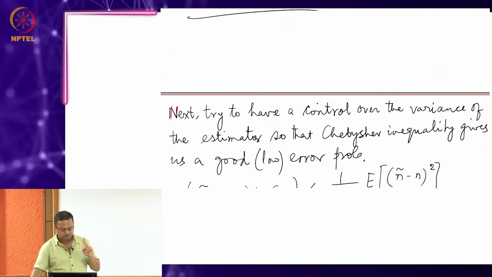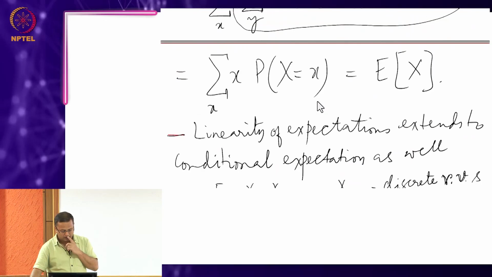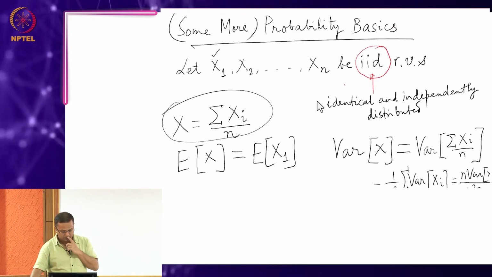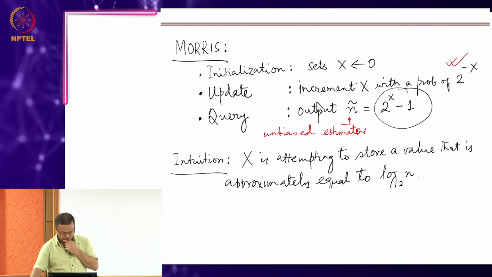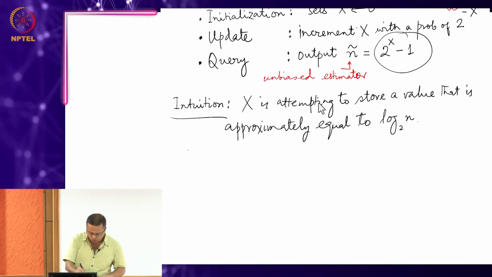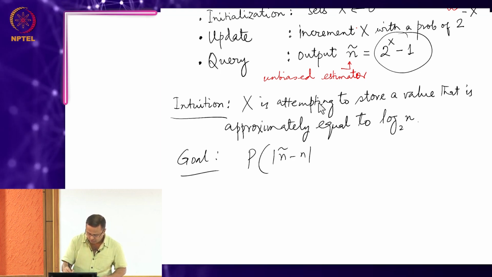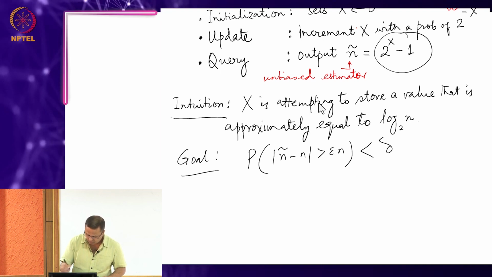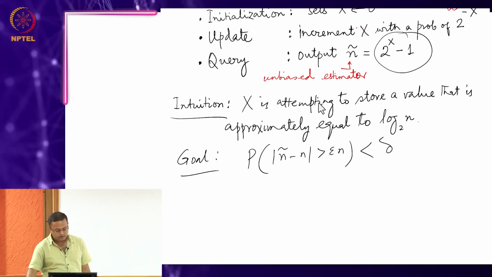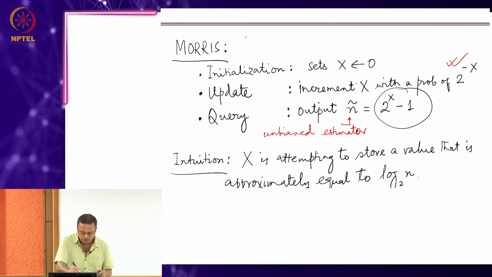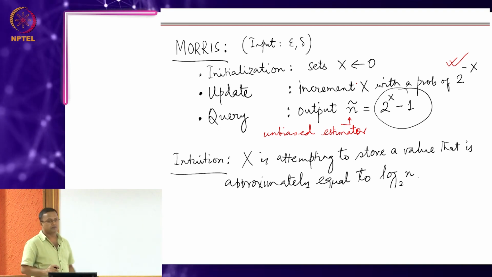See, mind you, my goal was to design an epsilon delta algorithm at the beginning, right? Remember it? So, my goal in this algorithm was, in the input, epsilon and delta are input parameters.